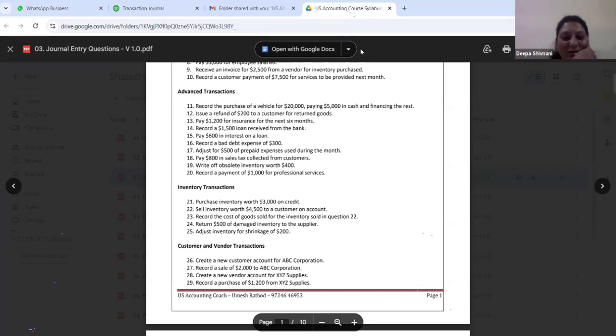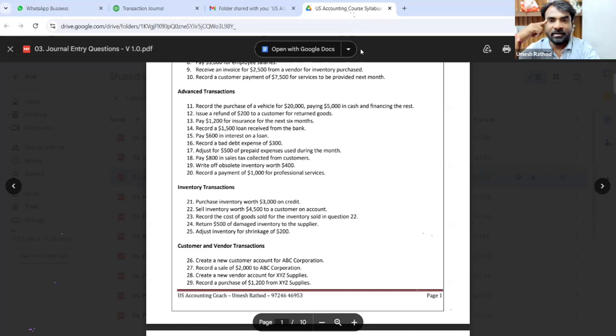Now write off inventory worth 400. So now how are you going to record this? Actually, we lost inventory of $400, and inventory is our asset.